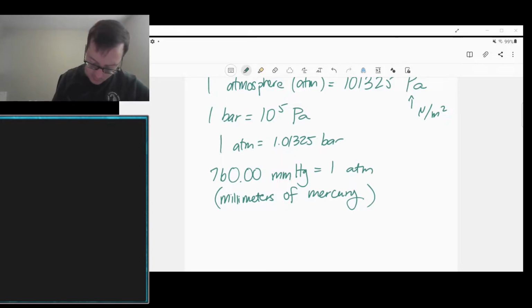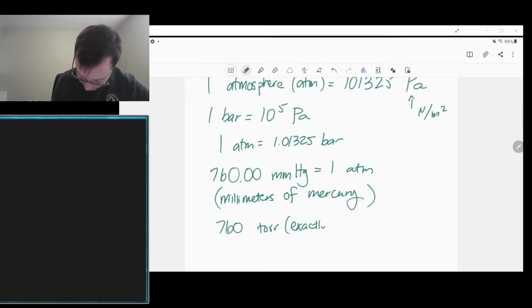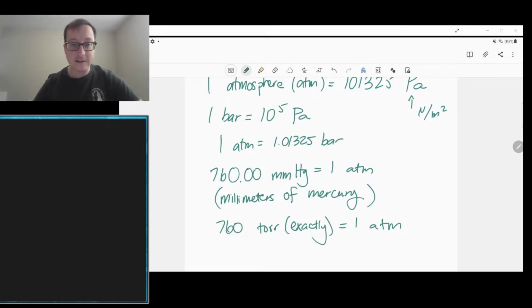And then we have one more unit that we use typically within the metric system, which is torr. A torr is the same thing as a millimeter of mercury. There is a very slight difference between the two. In theory, though I'm not going to really enforce this, millimeters of mercury is a measurement and therefore will have sig figs.